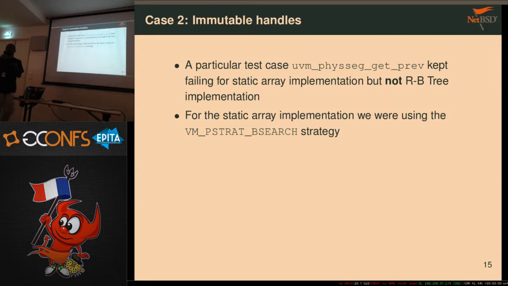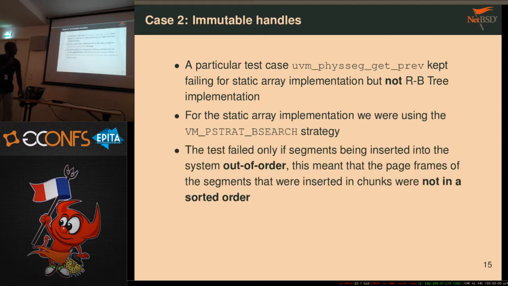Obviously, in an array, it would be just index minus 1. But this was failing for us. For a minute, it had me wondering what the heck is going on. At this point, we had the R-B tree implementation as well, so we were testing both together, side by side. We had the test running on the static array implementation and the R-B tree implementation.